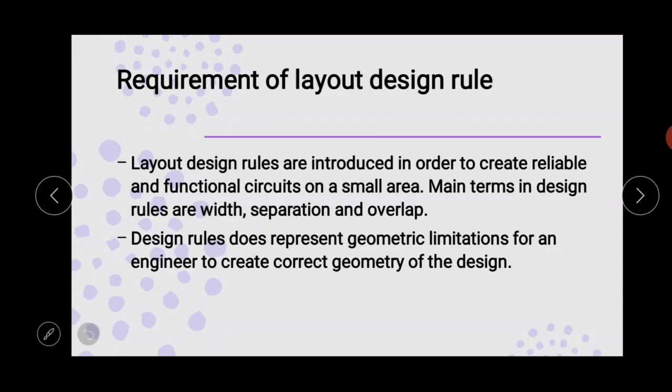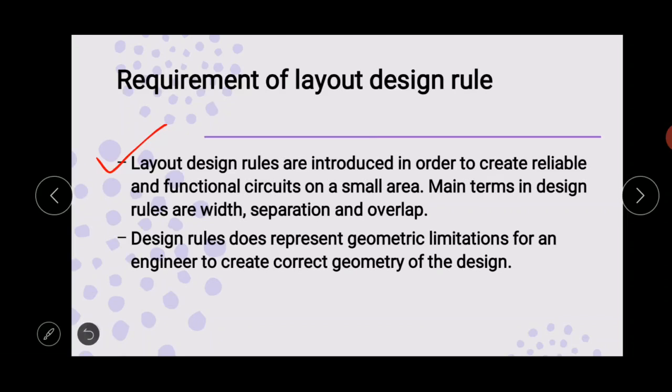Layout design rules are introduced in order to create reliable and functional circuits on a small area. The main terms in design rules are width, separation, and overlap. Design rules represent geometric limitations for an engineer to create correct geometry of the design.